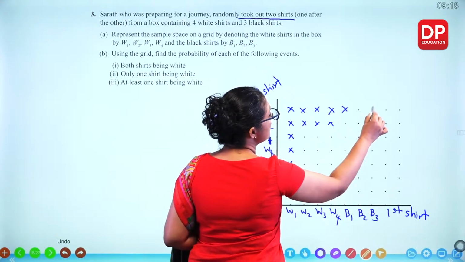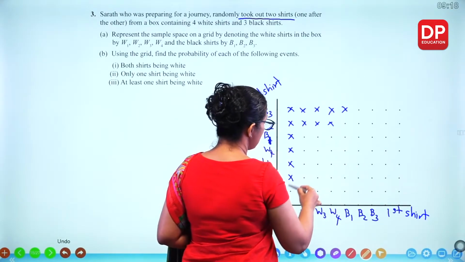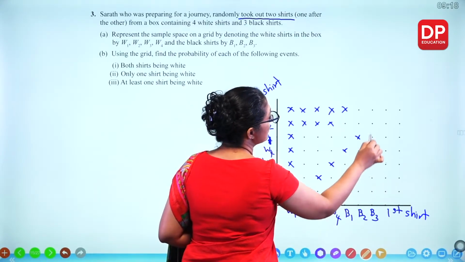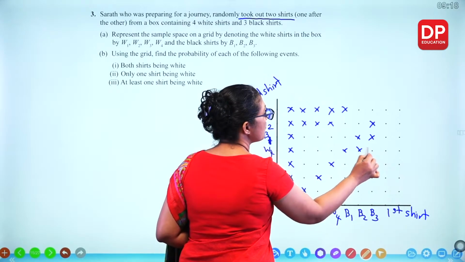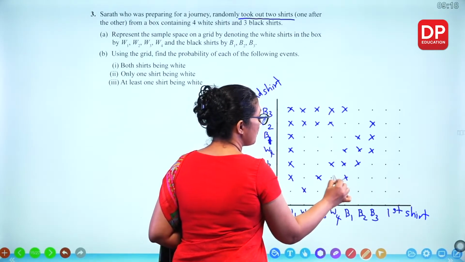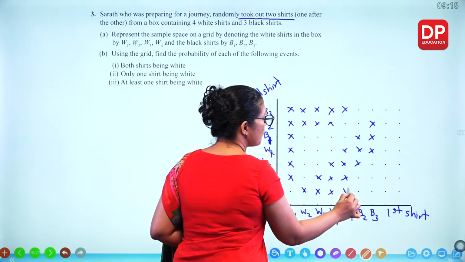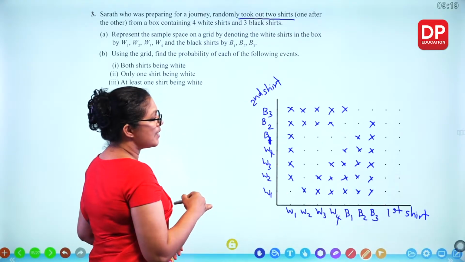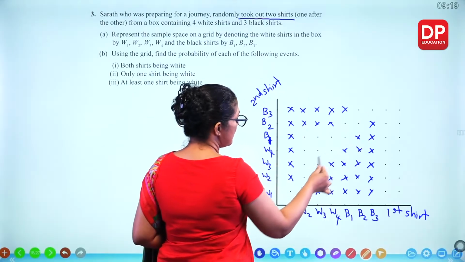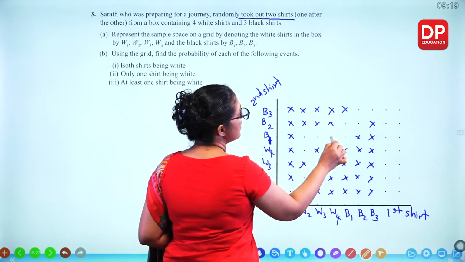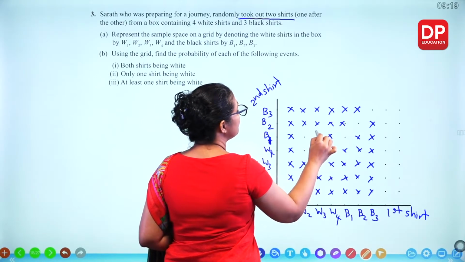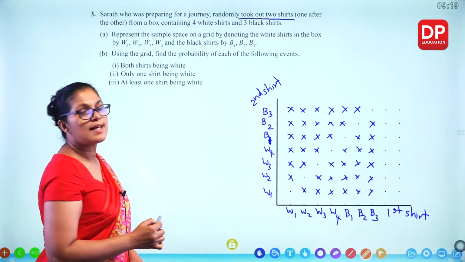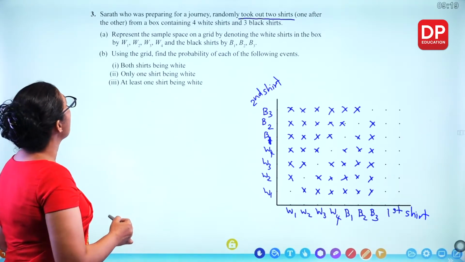So B3 you can't get. You can't get these outcomes, all the other outcomes you are getting. Mark everything. So this side you can't get this one and all the others you are getting. So that's the sample space grid.